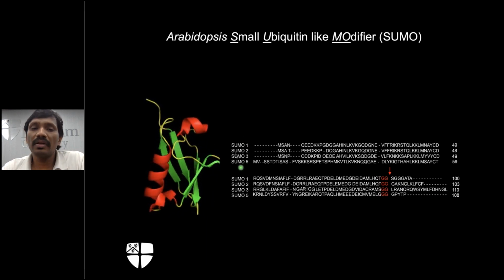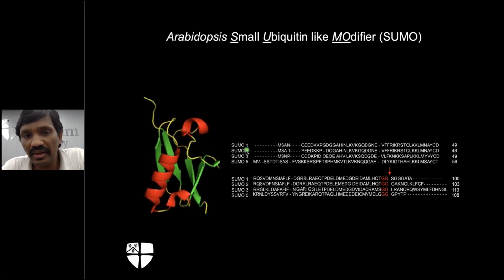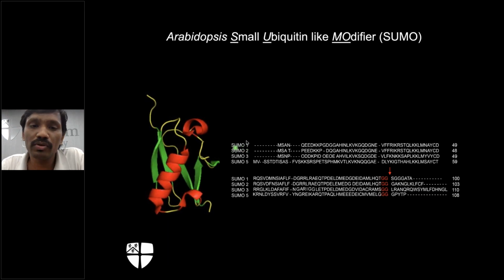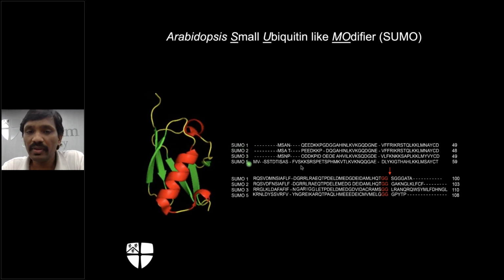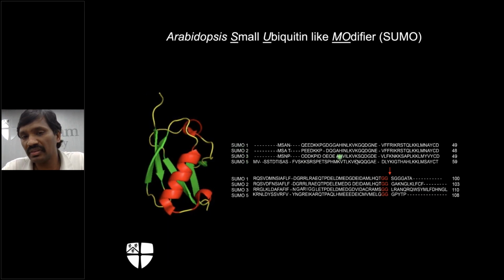We know more about SUMO 1, 2, 3, and 5. If you focus on this sequence alignment, you can see that at the C terminal they have a diglycine motif, and this diglycine motif is very important when SUMO conjugates with a target protein.